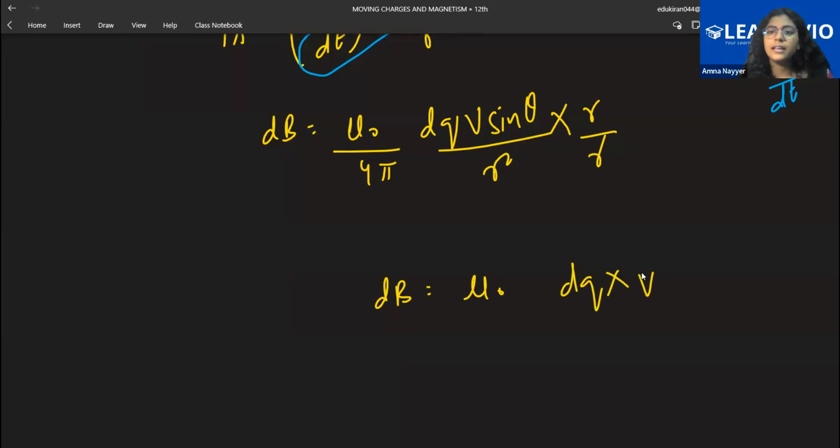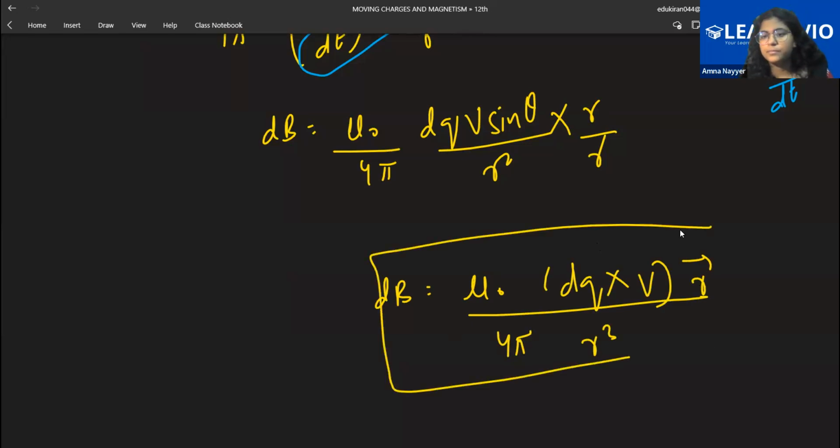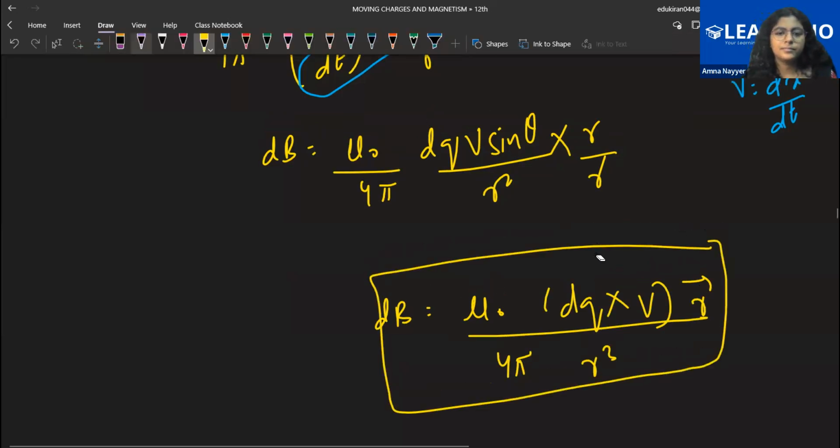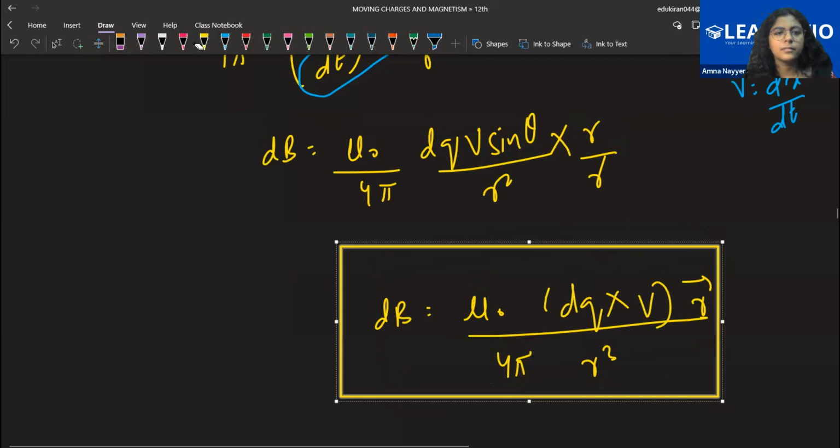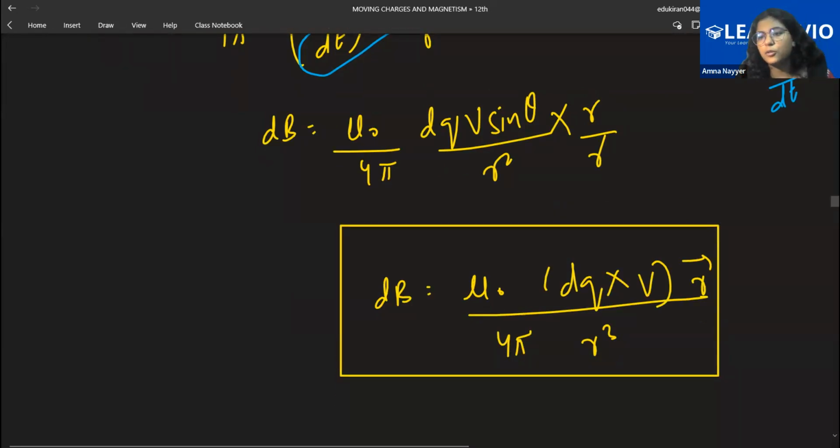Because ab sine theta follows the same thing. So this is dq v, this portion. R is present, so R vector I'll write, divided by r cube.